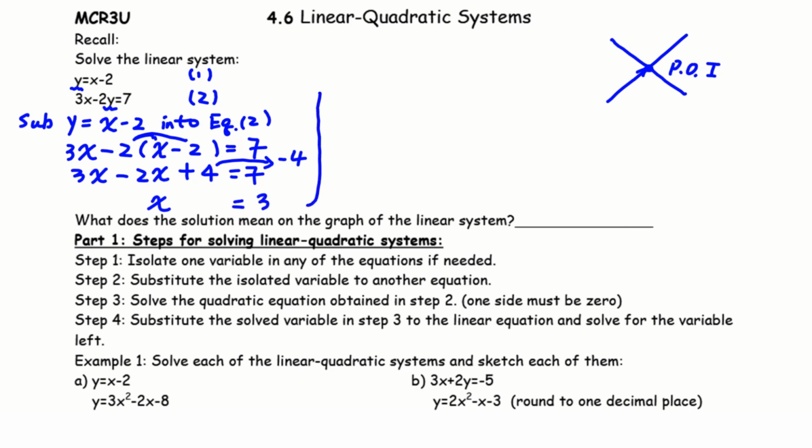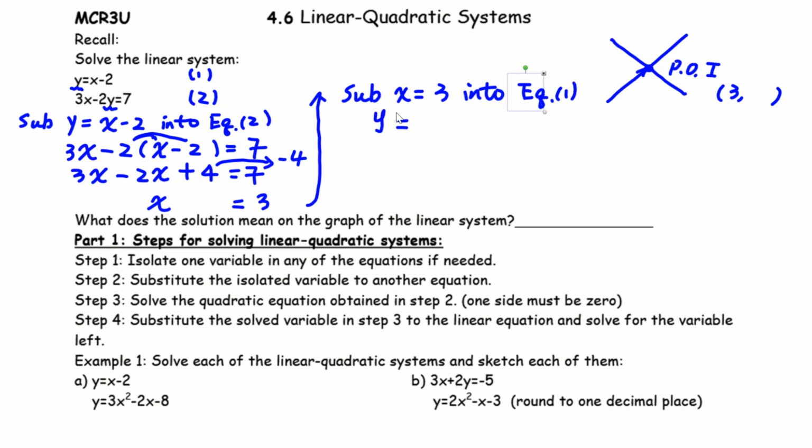And don't forget, we are looking for the point of intersection, so the x coordinate is 3. We need to solve for y. We are going to sub x equals 3 into one of the equations, equation 1 or equation 2. In equation 1, y is isolated, so it will be easier to sub into equation 1 to solve for y.